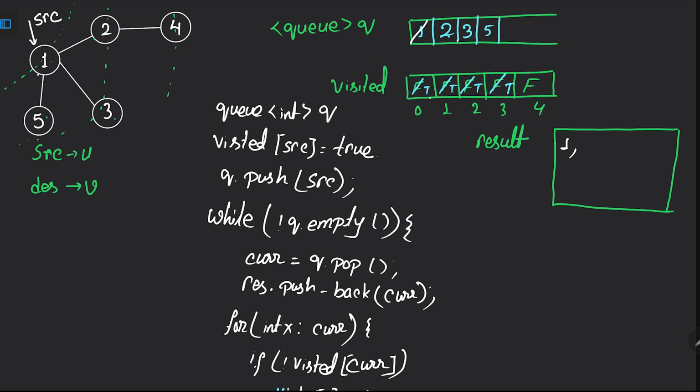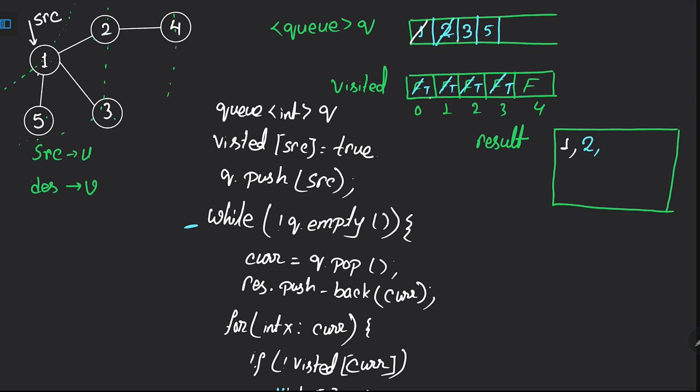And now it will check. Again it will go back here. After pushing all the connected indexes, it will come here and check if the queue is empty or not. Queue isn't empty, so first it will pop out 2 in current.